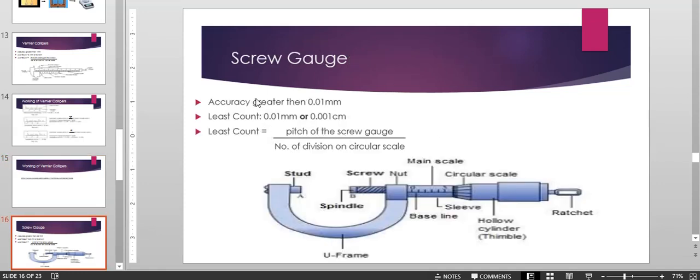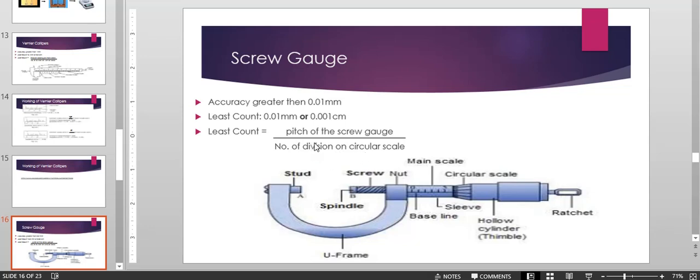Now let's talk about a screw gauge, which is also used to find out the diameter of an object up to the value of 0.01 millimeter, which is also considered its least count. The least count of this screw gauge can be found out by this formula: least count is equal to the pitch of the screw gauge divided by the number of divisions on the circular scale.